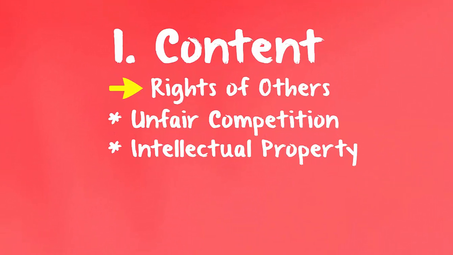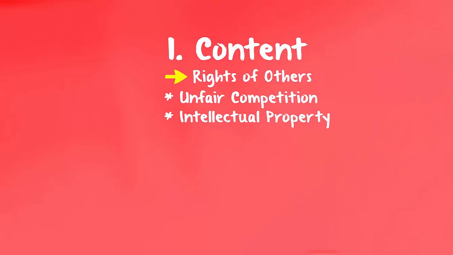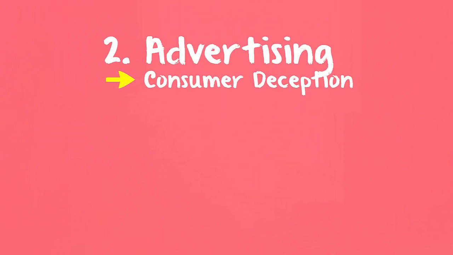So in review, there's the first type of risk, content-related risks, and you see the two examples, unfair competition and intellectual property. Now, the second type of risk would be risks related to advertising itself.